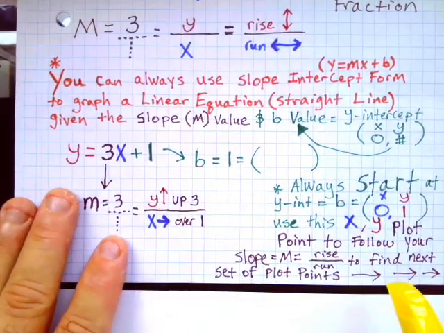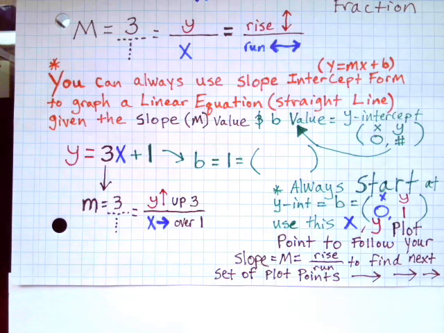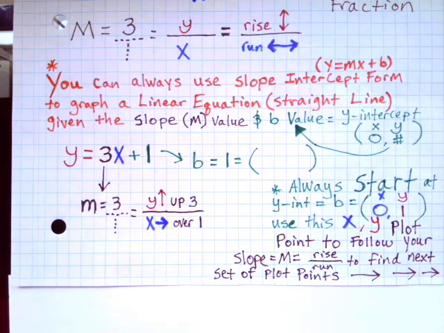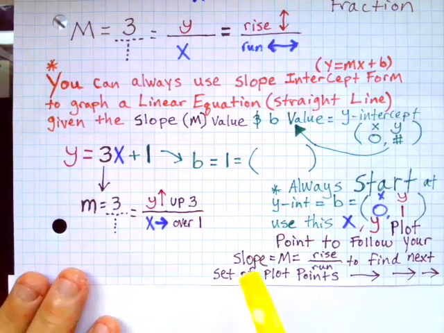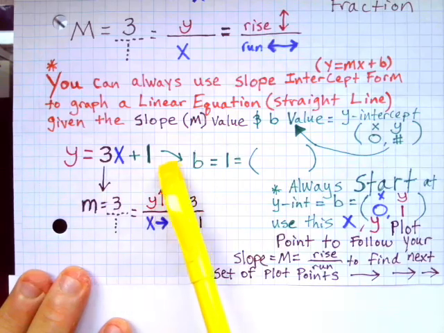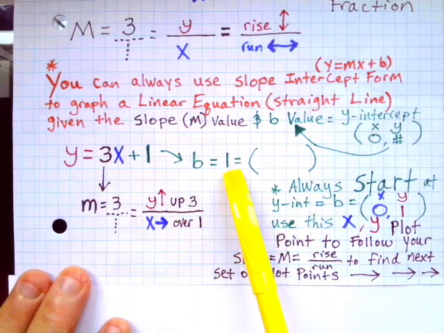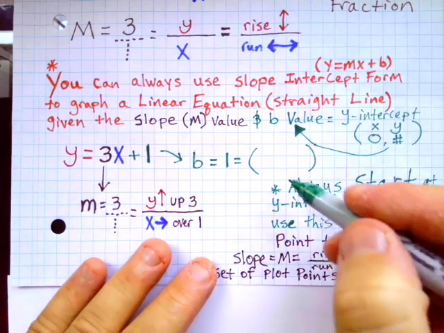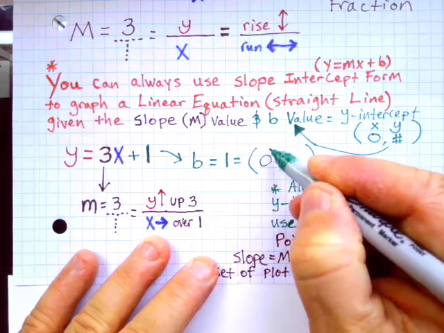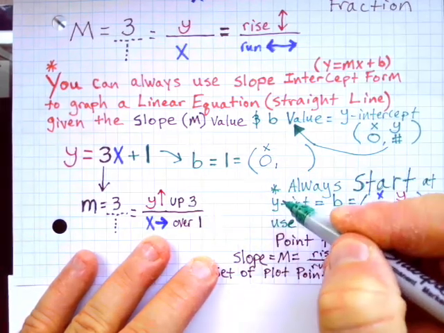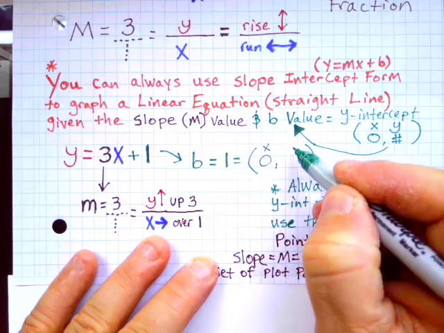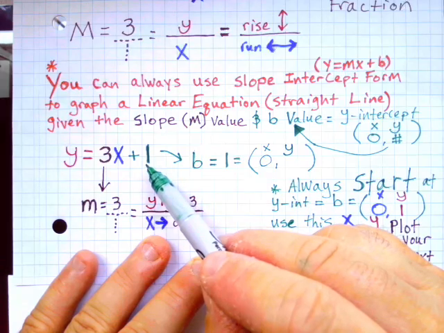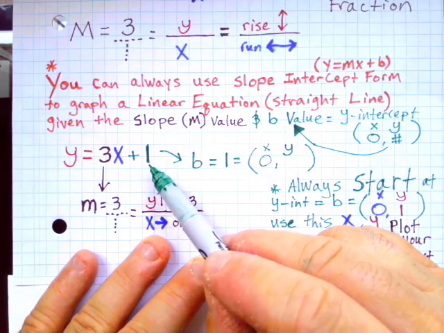Rise over run. I don't want to go too fast. I want to go slow and explain this clearly. So again, my b value here equals 1. That's my y-intercept. Well, what do you mean that's your y-intercept? Well, x will always be 0 in my y-intercept. And my y value is whatever is in the equation at my b placement.